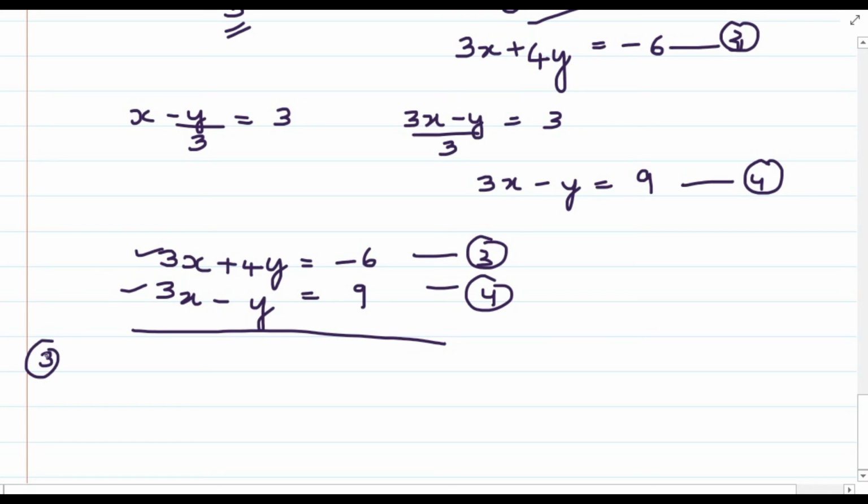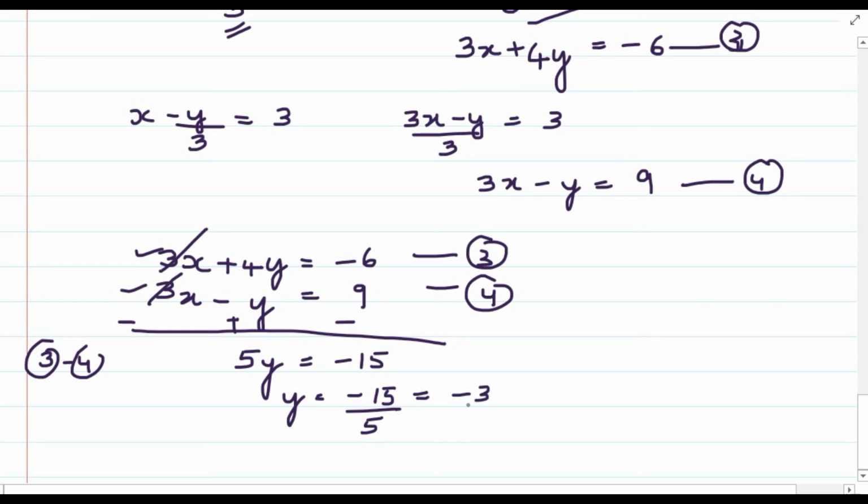So we need to subtract 3 minus 4. Change the sign. This will get cancelled. 5y equal to, both are minus, add and put the minus sign, minus 15. Y equal to minus 15 divided by 5, which is equal to minus 3. Now substitute in any of the equations, you will get the value of x.